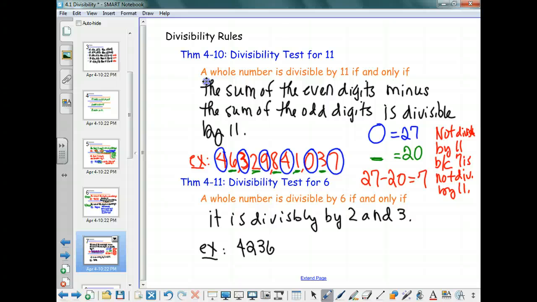Okay? So let's write down this information. It's divisible by 6, because, number 1, it's even, so it divides by 2.